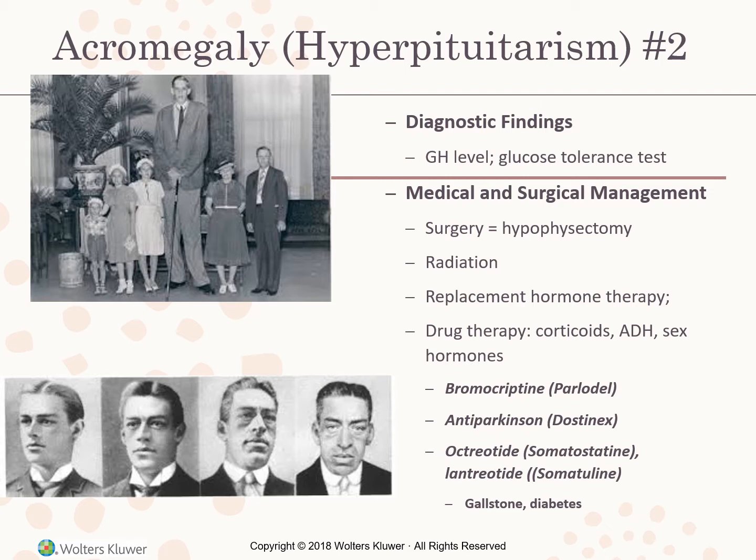So bromocriptine and cabergoline are used alone or in conjunction with pituitary gland irradiation or surgery to reduce the serum growth hormone level. Octreotide, a synthetic form of somatostatin, stops the production of growth hormone and IGF-1 and effectively will relieve the symptoms for a short time.